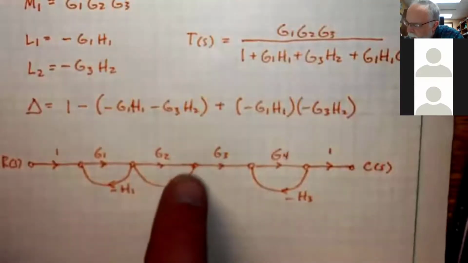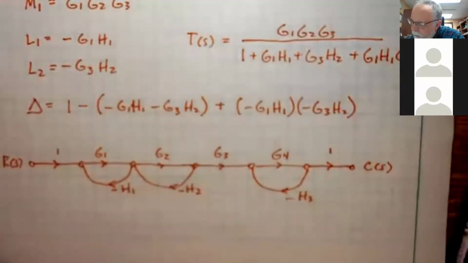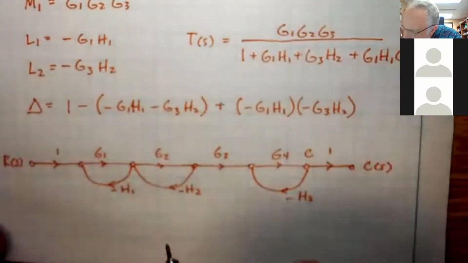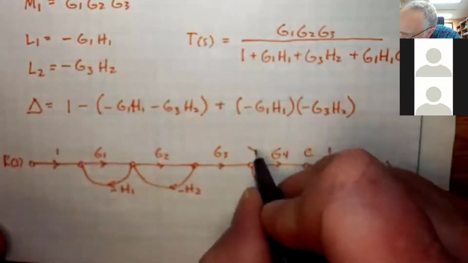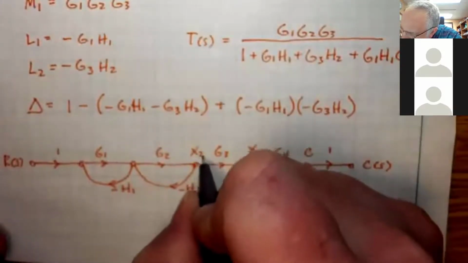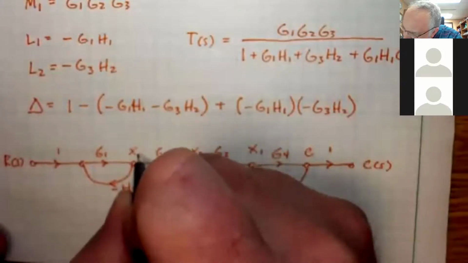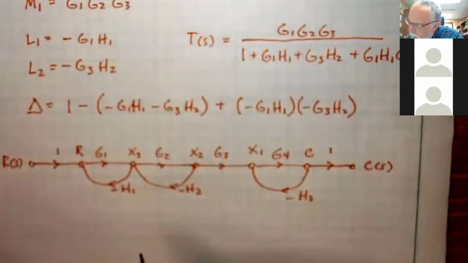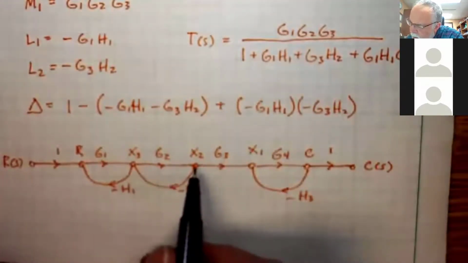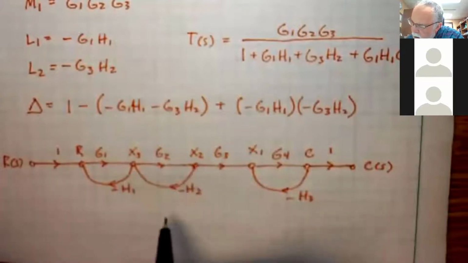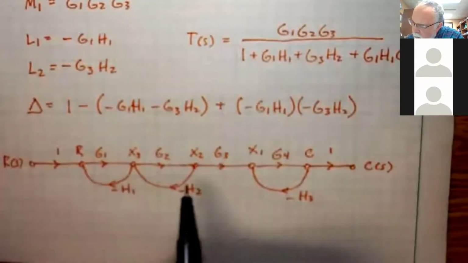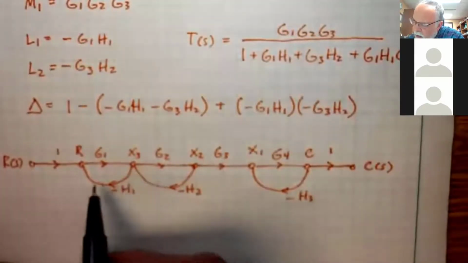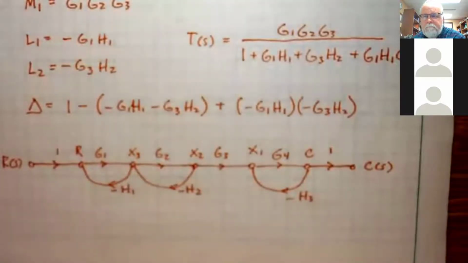If this loop went from this point here, so this is going to be C. I'll call this X1, X2, X3, and this is R. If I had a loop that was going back to R from X2, that would still be touching the loop from X3 to R. Okay.